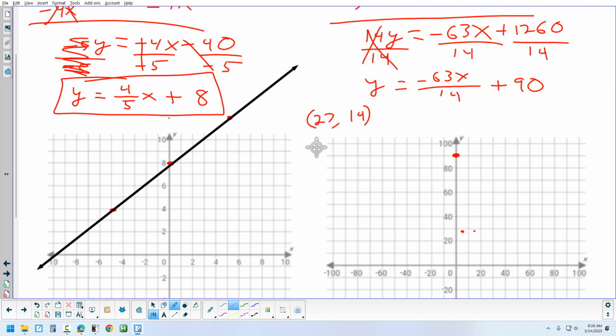Oh, no, I was probably right about there. Okay, so it's a little bit under 30. And then to the right, 14, well, that's 10. That's 20. So 14 is pretty close to in the middle of the two. Okay, if you're doing that by hand, that's close enough. You're not going to get it perfect because it's not a nice number.